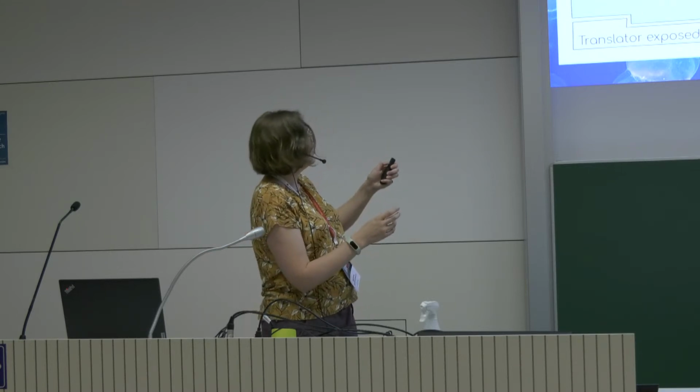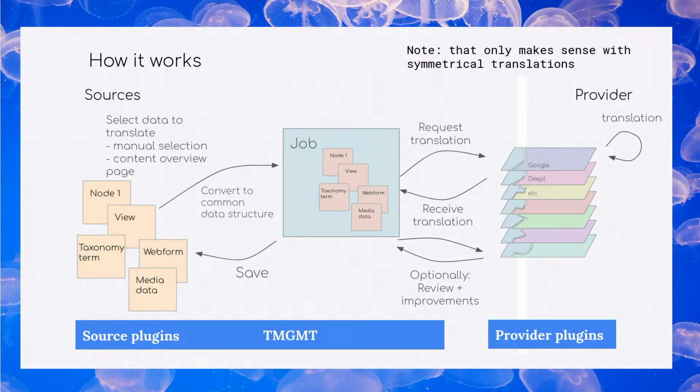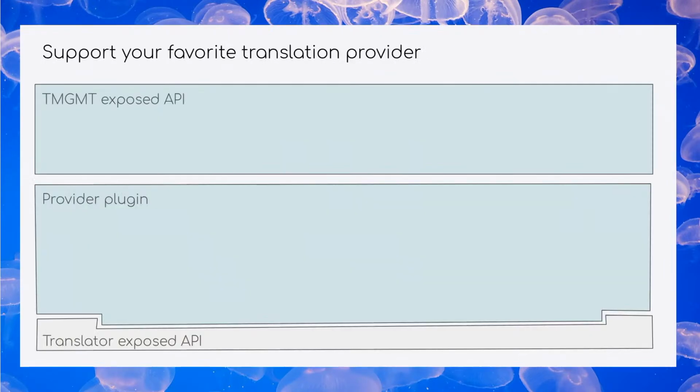This is exactly the same schema as the previous slide, but I turned it over. So I have the job up, and then the provider plugin, and then below is my provider API, which I call translator here.